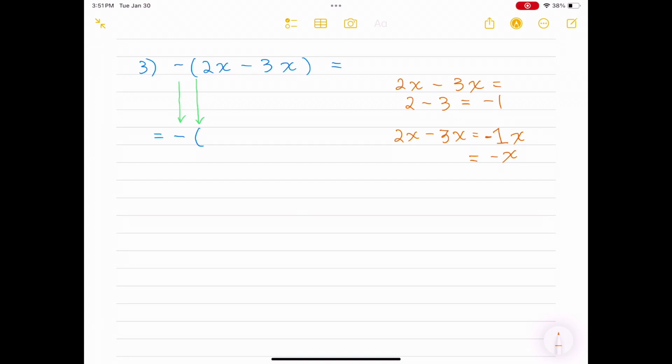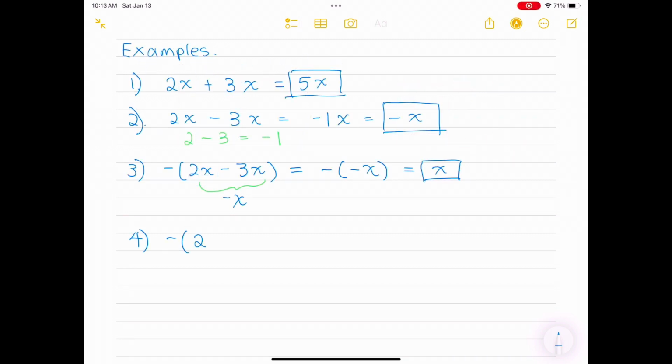We take negative x and write that inside the parenthesis, and then bring down the close parenthesis sign. So now we have negative open parenthesis, negative x, close parenthesis. Now we remove the parenthesis by writing the opposite of negative x, which is positive x. And we box our answer.